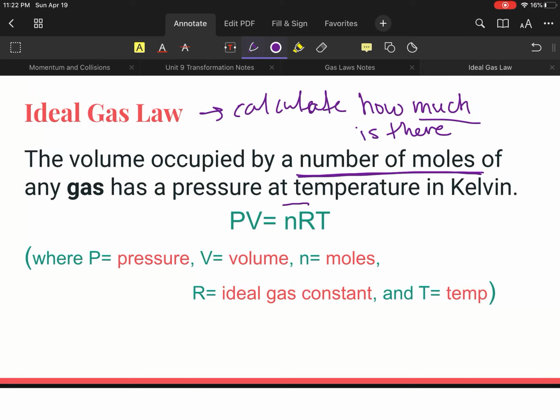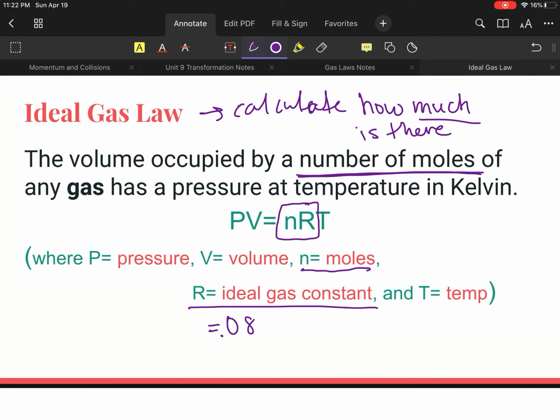We have pressure and volume. We have temperature, and the two new ones are N and R. N is our number of moles, and R is a gas constant. Basically, they've plugged in some standard values and given us this constant that never changes.